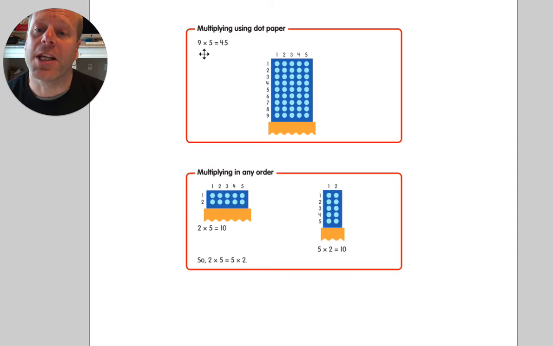If someone asked me for 9 5's, I'd say, well, there's a 5, and there's a 5, and there's a 5. Oh, my answer is right here. All I have to do is count all of these dots. Well, there are a lot of dots. That's the problem with dot paper, especially when you're doing bigger problems like 9 groups of 5: you're going to end up counting a lot of dots.